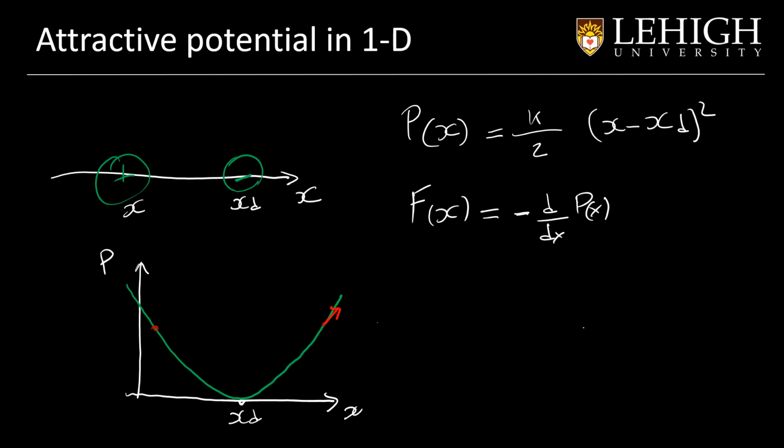That's why we have a negative in front of the derivative of the potential field. And if we compute the derivative of the expression above, the result is minus k times (x minus xd). The term k is just a constant that will represent the strength of the potential field.